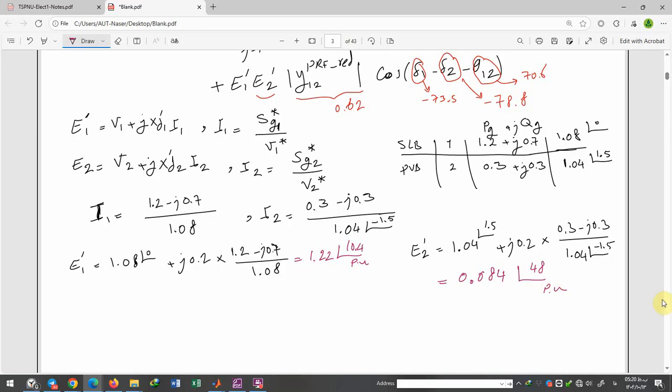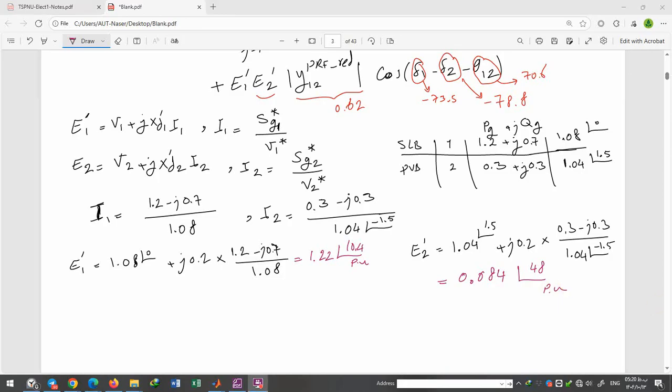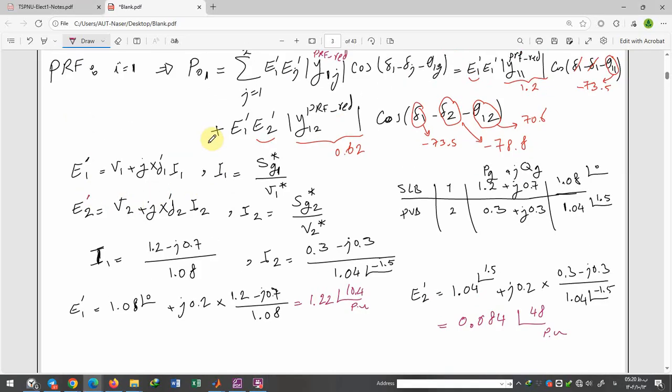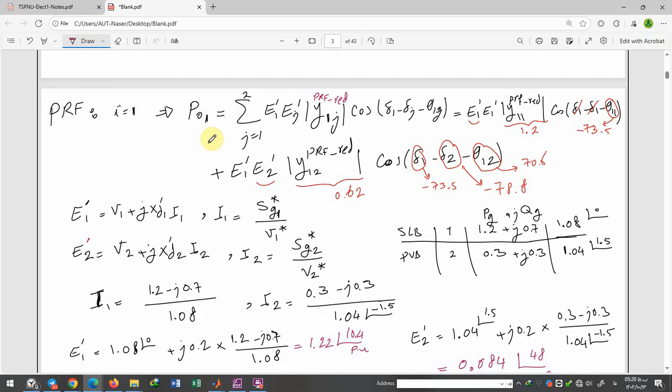So according to the main course, after finding E1 prime and E2 prime, we have to recalculate PO1 and PO2.